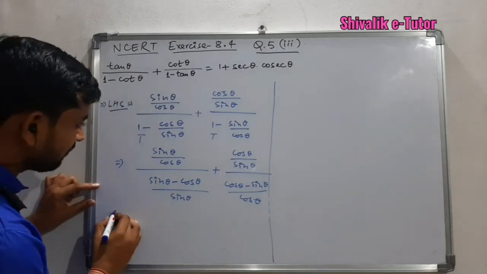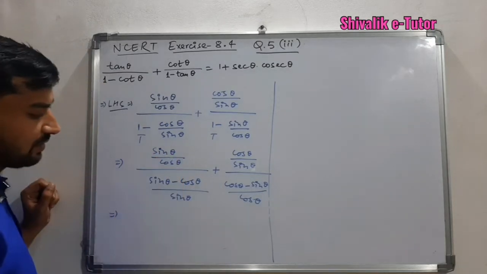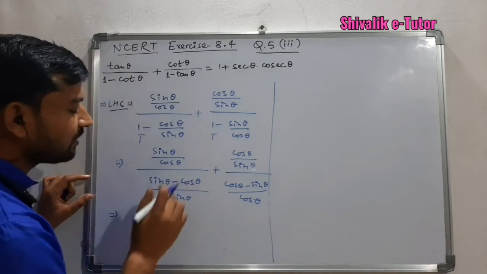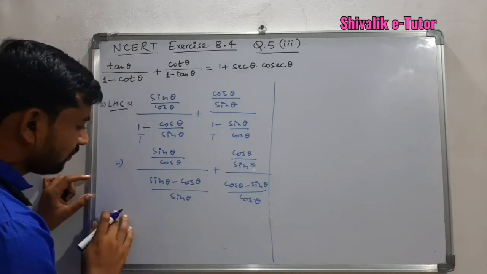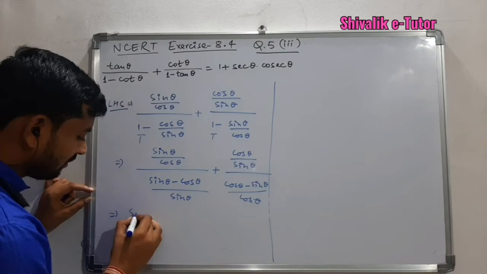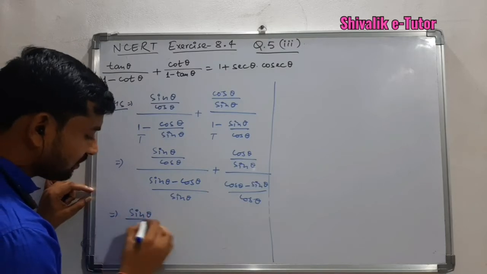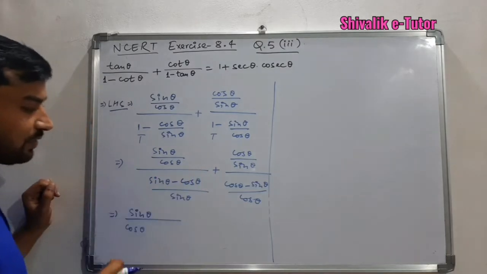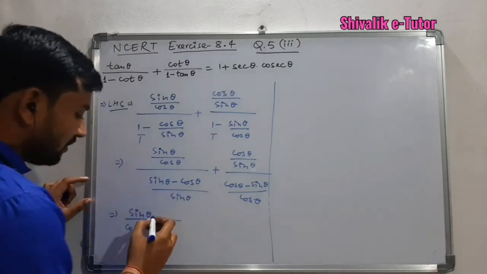Now, this will be taken as a reciprocal. So the sin theta will come in the numerator part. From here, the sin theta upon cos theta will be as it is, and the reciprocal of the denominator, so this sin theta will go in the numerator.